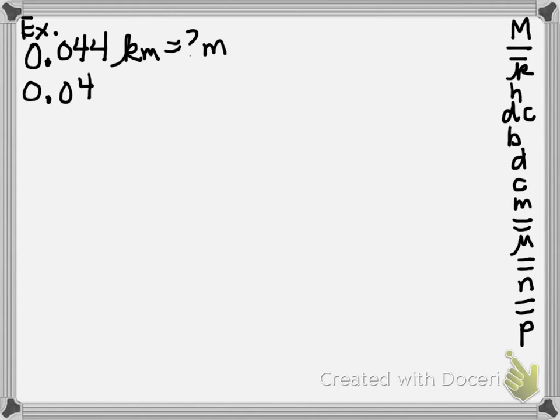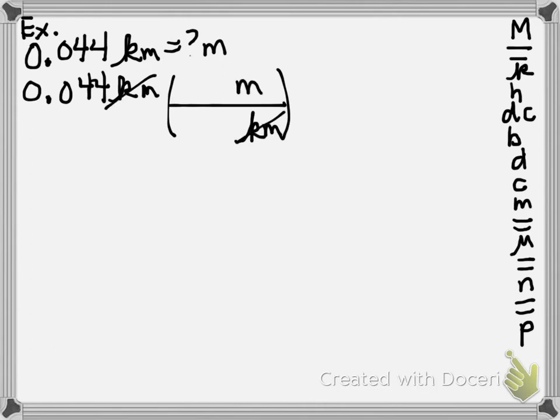So again, we start with our given, the 0.044 kilometers. Kilometers go on the bottom. Meters go on the top because kilometers have to cross out, and meters go on the top because that's what we're converting to. A kilometer is larger, and it's 1, 2, 3, 4, 5, 6, 10 to the 6th.